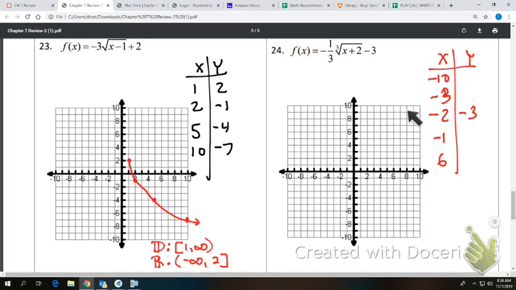Okay? What's the number in front? -1/3. That means we're going to go in increments of -1/3. Y'all with me on that? So don't freak out. What's -3 minus 1/3? -3 and 1/3.